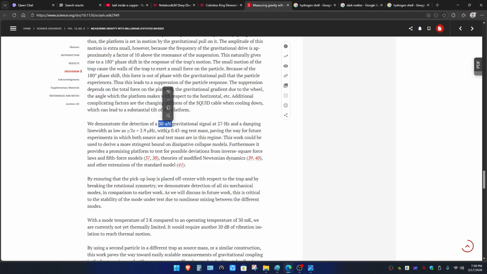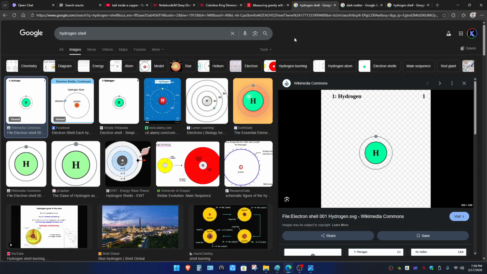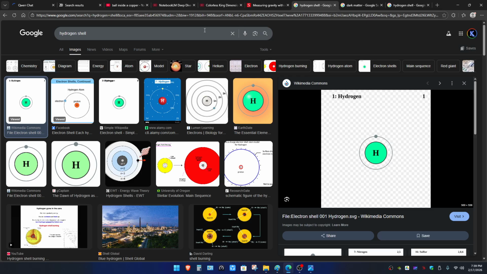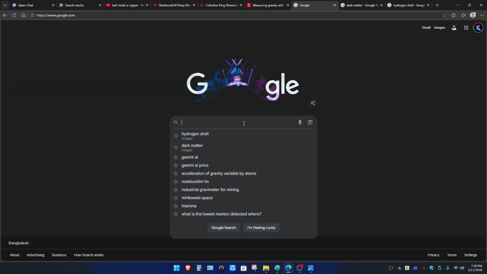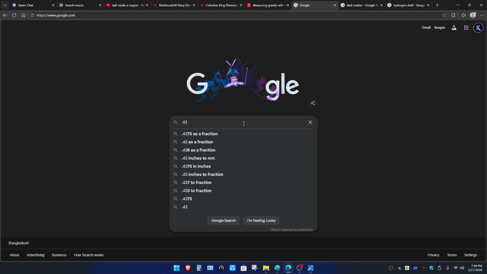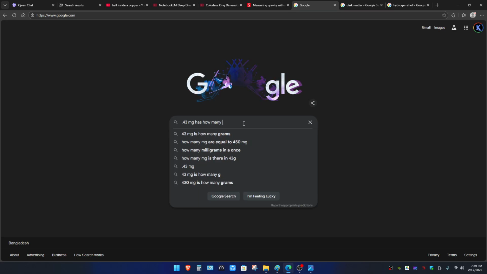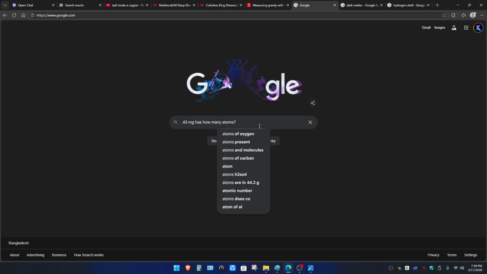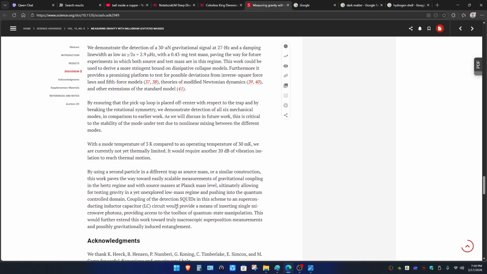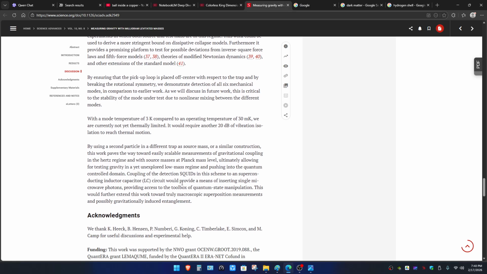Okay, so if we ask this question: 0.43 milligram has how many atoms? What type of atom was it? It was some sort of metal. I forgot the name of the metal. What was the metal?